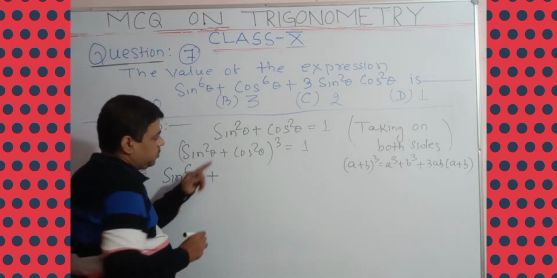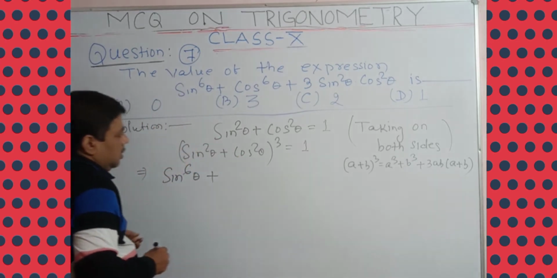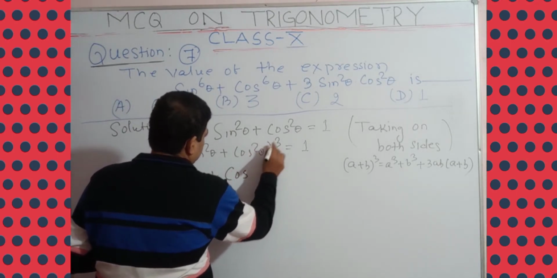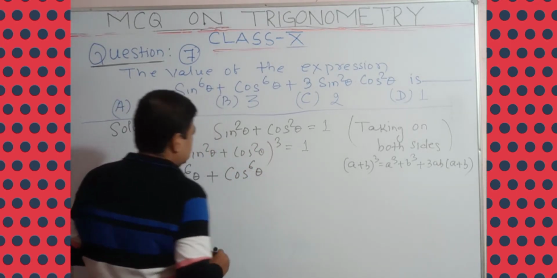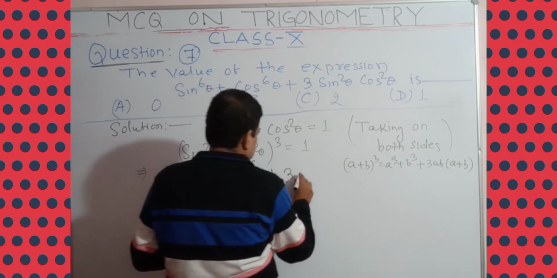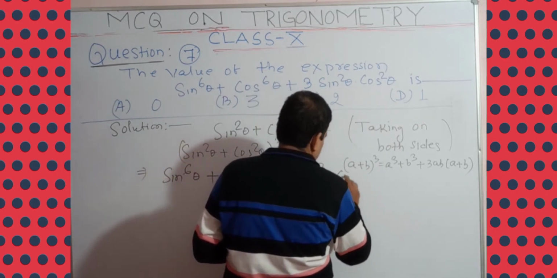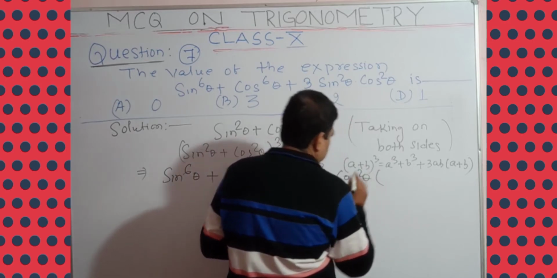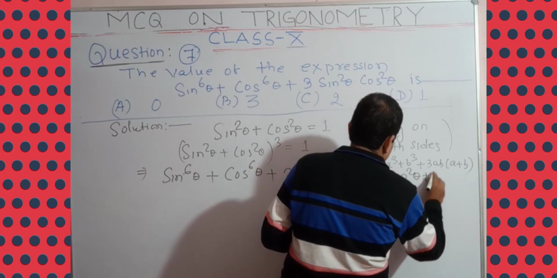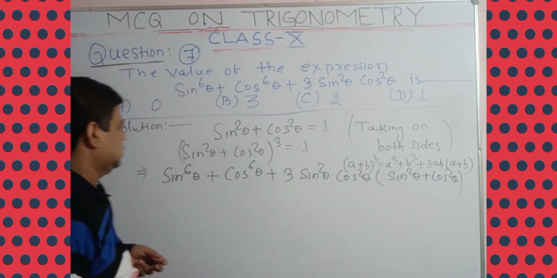Similarly, plus the second term, cos square theta whole cube, which is cos to the power 6 theta, plus 3ab, 3 into sin square theta into cos square theta, into a plus b. Here a plus b is sin square theta plus cos square theta. Is it clear?